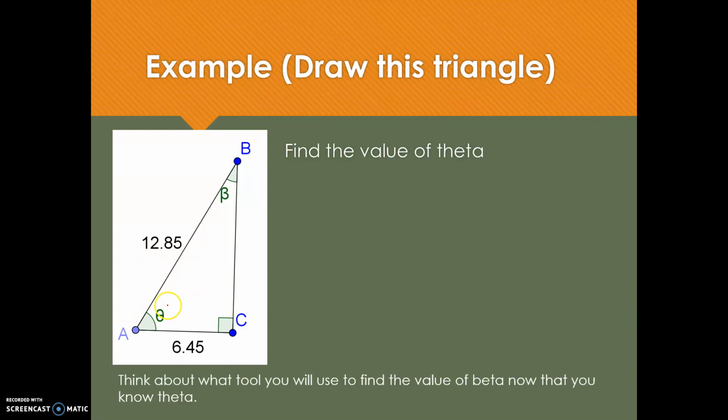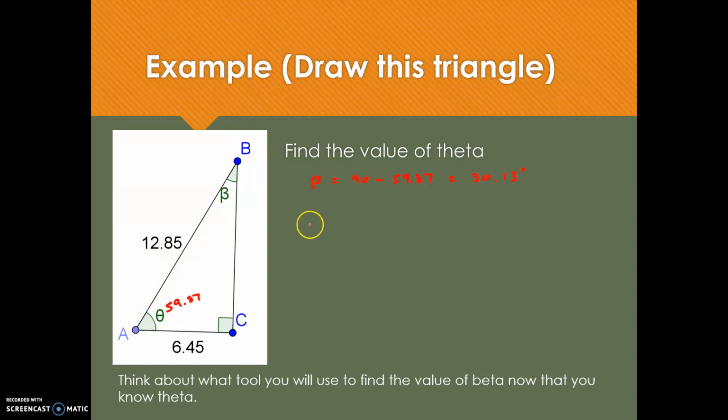So now we want to find beta. Again, 59.87. I know that I already have a right angle here, so my second two angles, theta and beta, need to add up to 90. So beta is going to be 90 minus 59.87, which should give us 30.13 degrees.